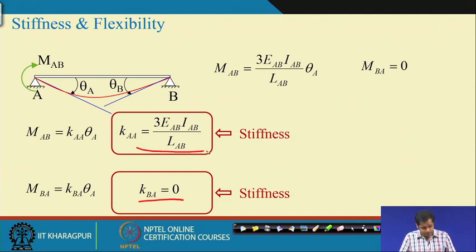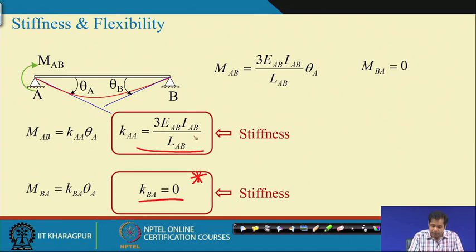Now, you see there is a reason why we know that MBA is equal to 0, but in spite of that there is a reason why I wrote KBA is equal to 0. I have explicitly put a star mark here; we will come to what happens when stiffness becomes 0, what is the physical significance of that. Okay.